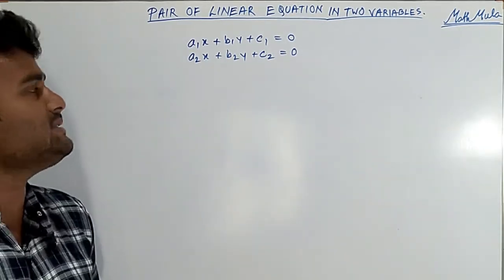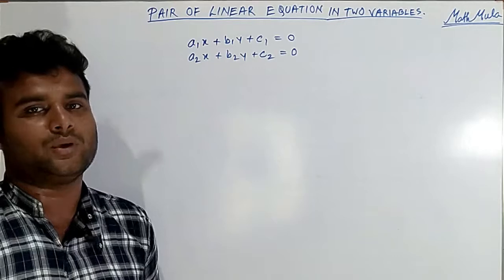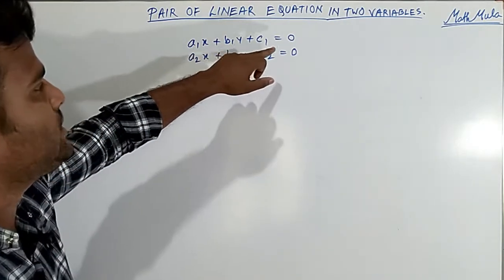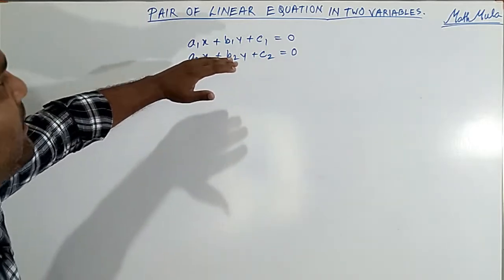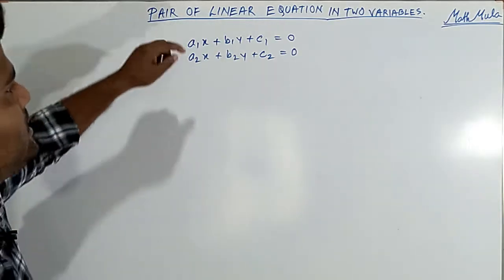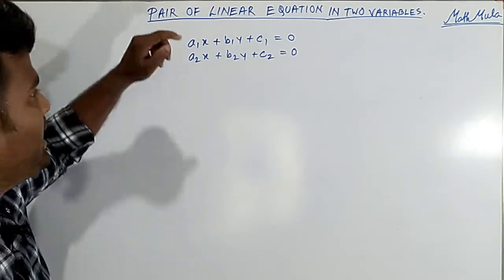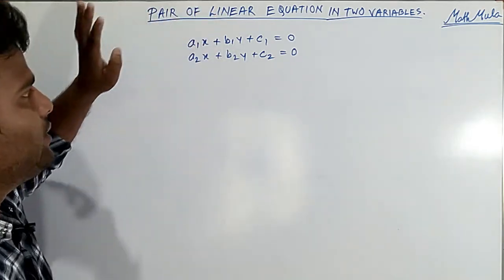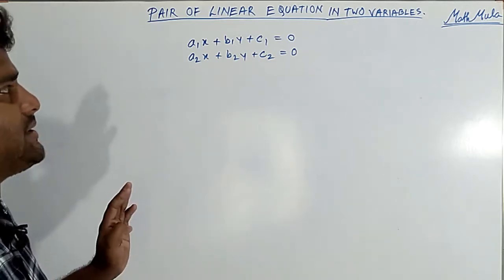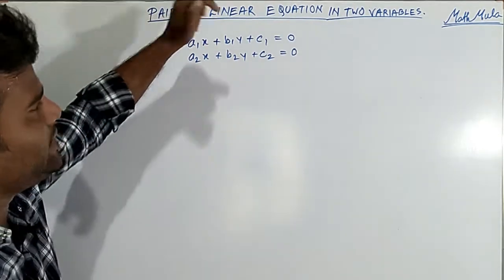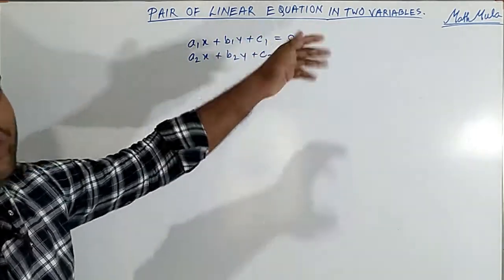Pair of linear equations means there is one pair of equations like a1x plus b1y plus c1 equals 0 is one of the linear equations, because the highest power of x and y is 1. That is, this equation is linear and in two variables, that means there are two variables x and y, so this is a linear equation in two variables.